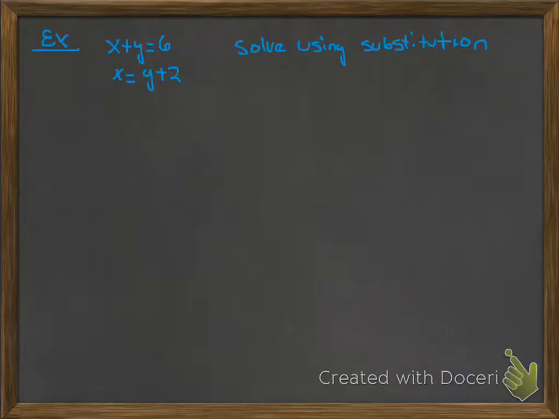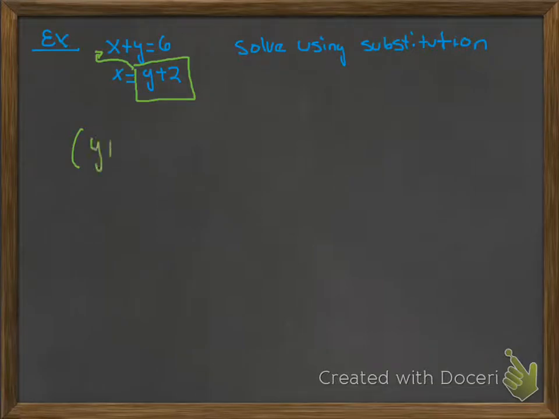So let's look at this one and do substitution. x plus y is equal to 6, and x equals y plus 2. So I'm going to substitute in y plus 2, because it's equal to x, in for my x value. Anytime I see an x, I'm going to substitute y plus 2 in.